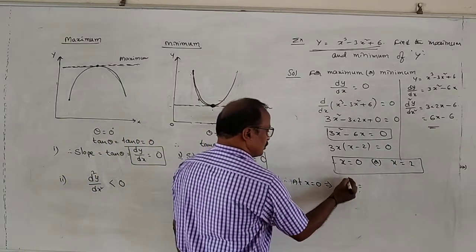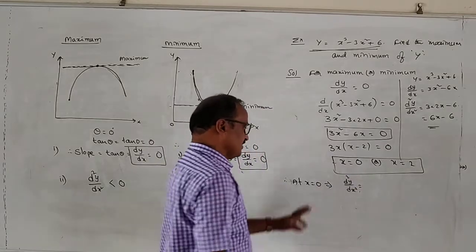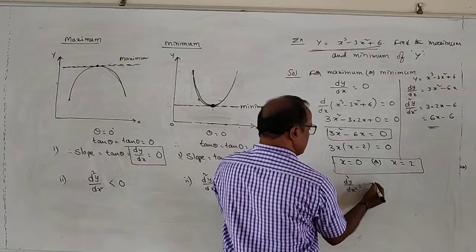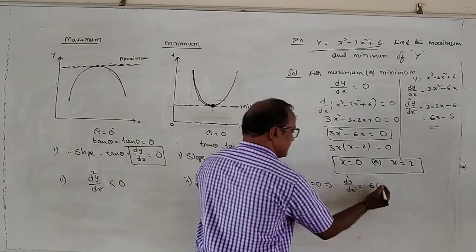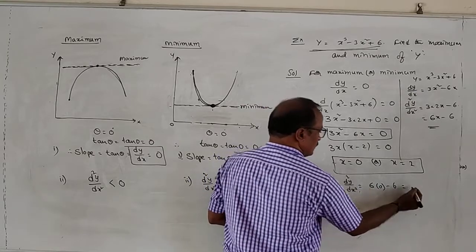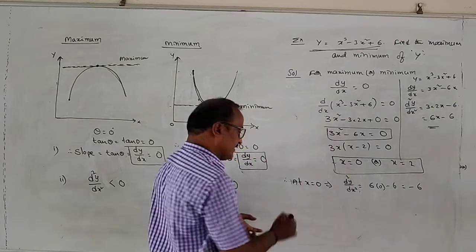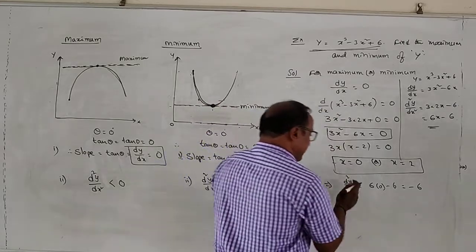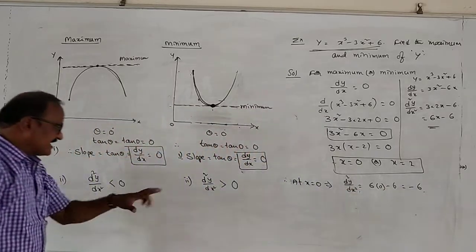At x is equal to 0, what is the value of d2y by dx square? d2y by dx square is equal to 6x minus 6, so 6 into 0 minus 6, which is minus 6. So d2y by dx square is a negative value, meaning less than 0.